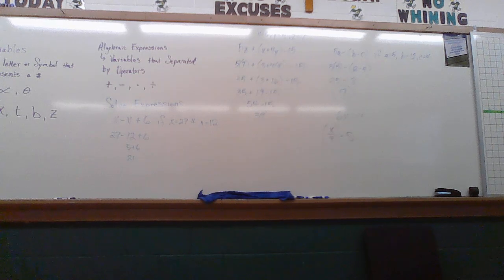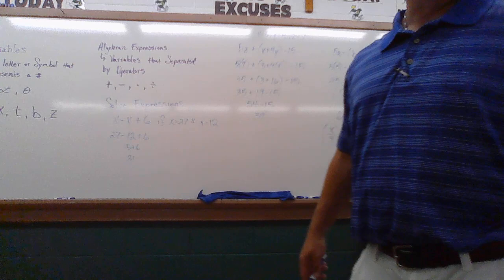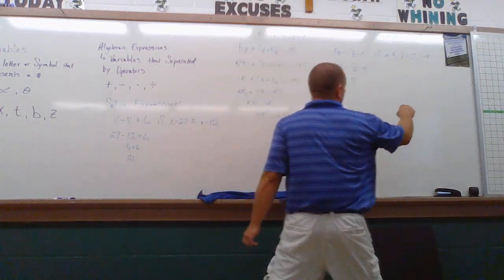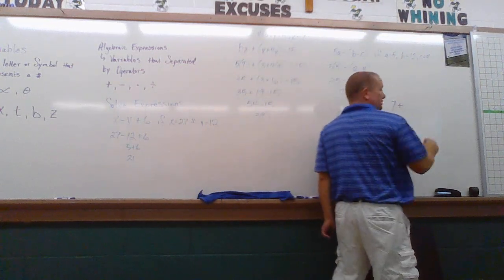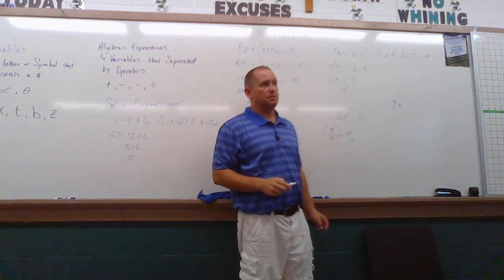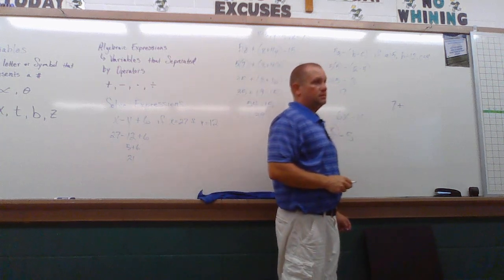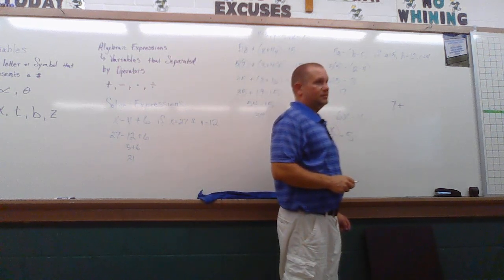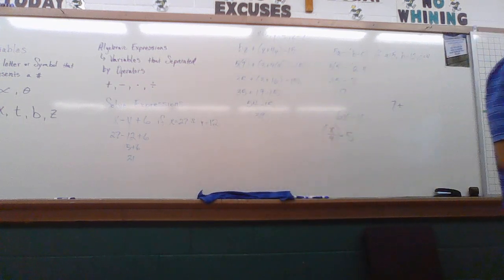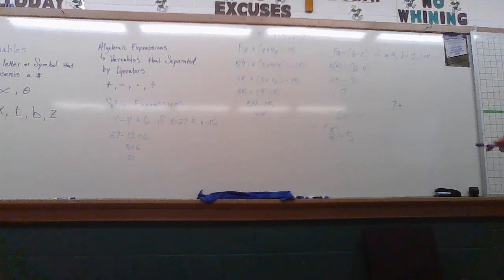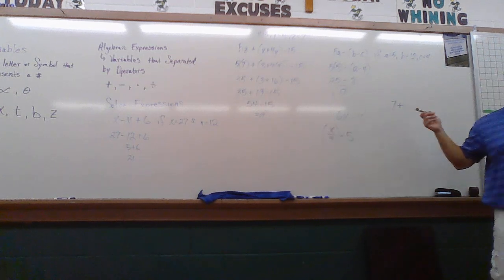This one right here. 7 increased by the quotient of a number and 8. 7 plus x divided by 8. Okay, so again, be careful here. 7 increased, everybody's good with that, right? That's kind of the easy part.